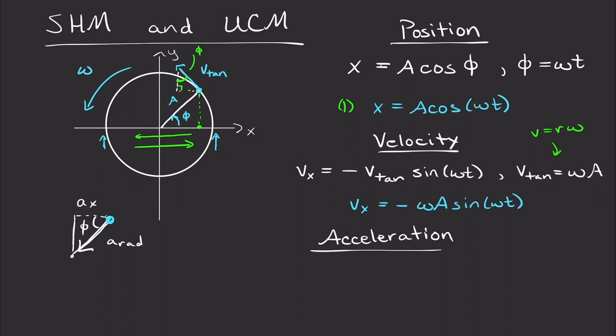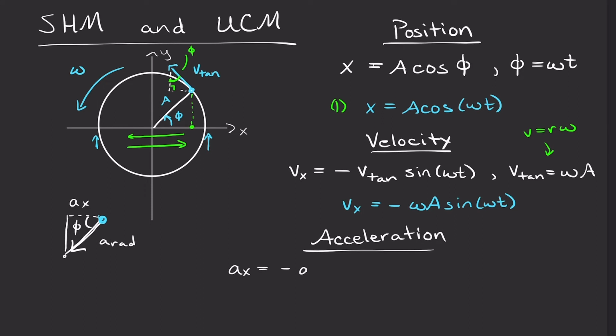And so we can use that triangle and what we know about radial acceleration to get our acceleration equation. So now we get ax. Again, the acceleration is going to the left, so it's going to be minus a radial, which is our hypotenuse, times cosine now. Cosine gives the adjacent side, of omega t. And then we know a radial is equal to v squared over r, but if you plug in v equals r omega, it can also be written as omega squared times r.